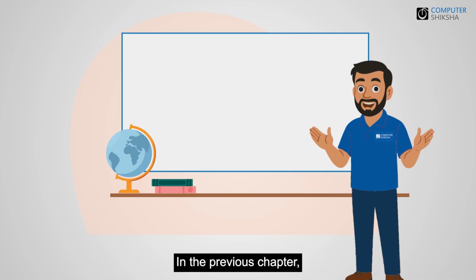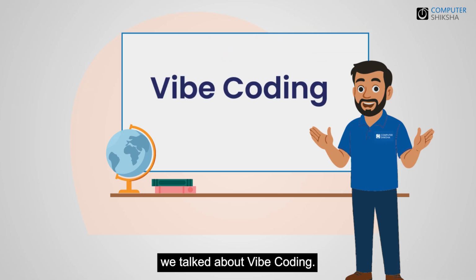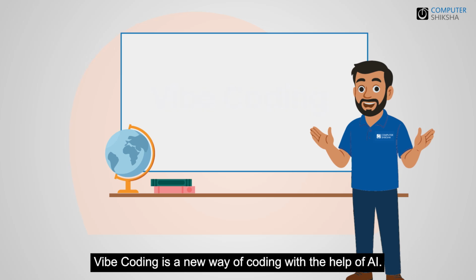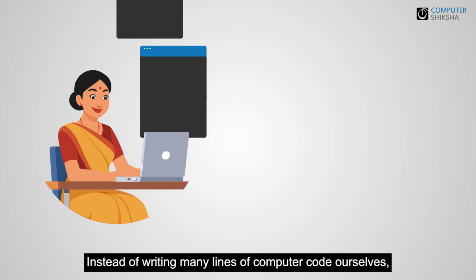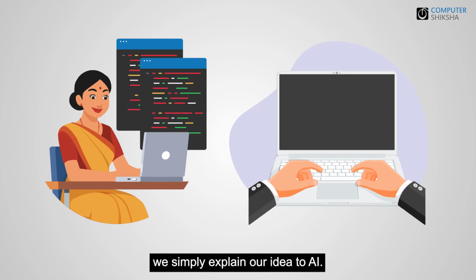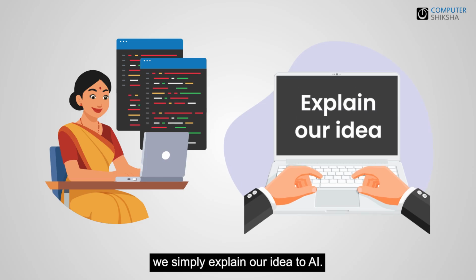In the previous chapter, we talked about vibe coding. Vibe coding is a new way of coding with the help of AI. Instead of writing many lines of computer code ourselves, we simply explain our idea to AI.